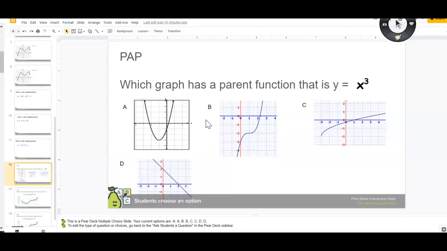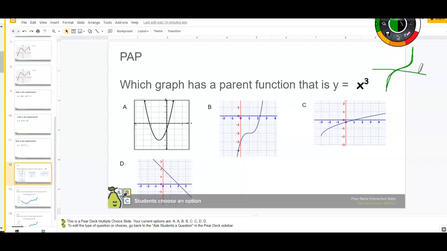Next one. Which graph has the parent function y equals x cubed? Okay, so here we're looking for the parent function. So first you have to know what the picture looks like for this parent function, the cubic function. So we learned in the parent function class that for y equals x cubed, the picture always looks like this, right in the middle as the origin.